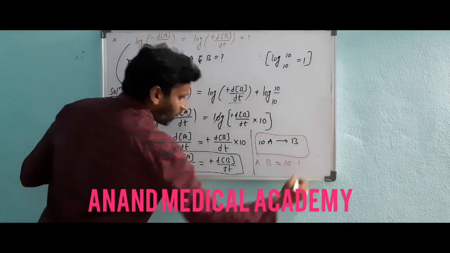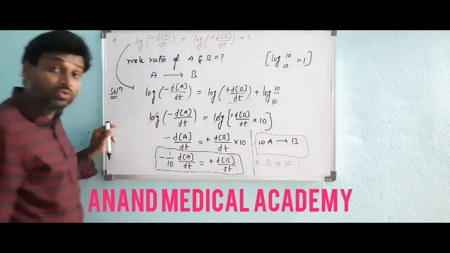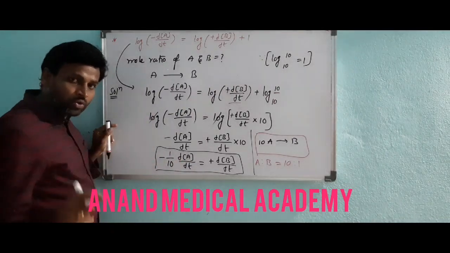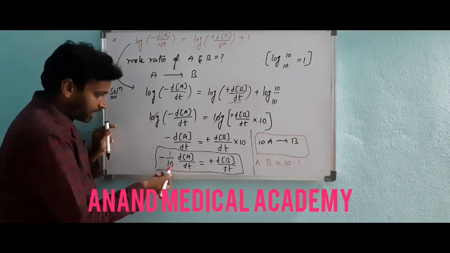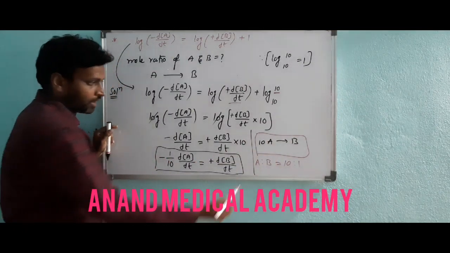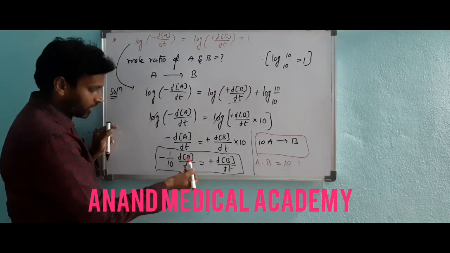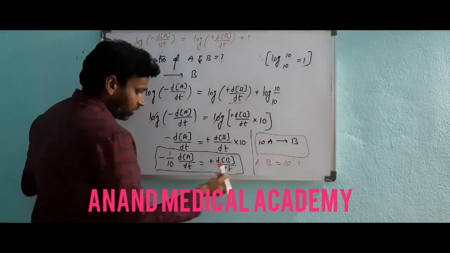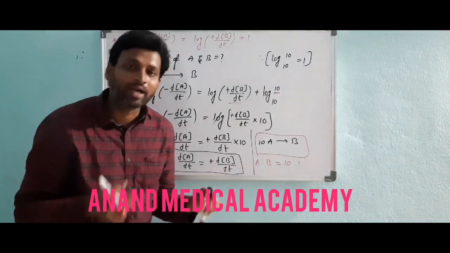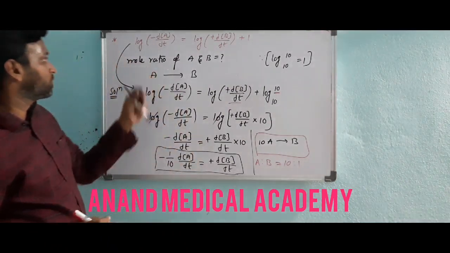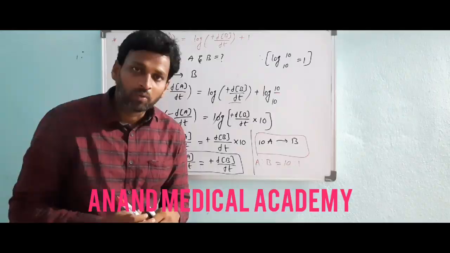It is 10 is to 1. 10 moles of A. How do you know it's 10 moles of A, sir? The rate of reaction, yesterday only I explained. So 1 by 10 written means 10 moles of A, so 1/10 into d[A]/dt. For 1 mole of B, only 1 you have here, 1 into d[B]/dt. I hope you understood this numerical.